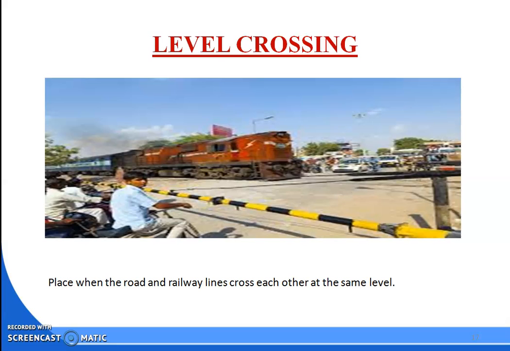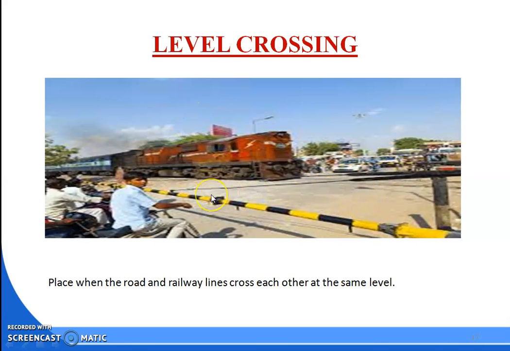A level crossing is also called a grade crossing. A railway crossing is a place where a railway line and a road meet each other on the same level. Here this is your roadway and this is your railway, where at the same level both are present and cross each other.